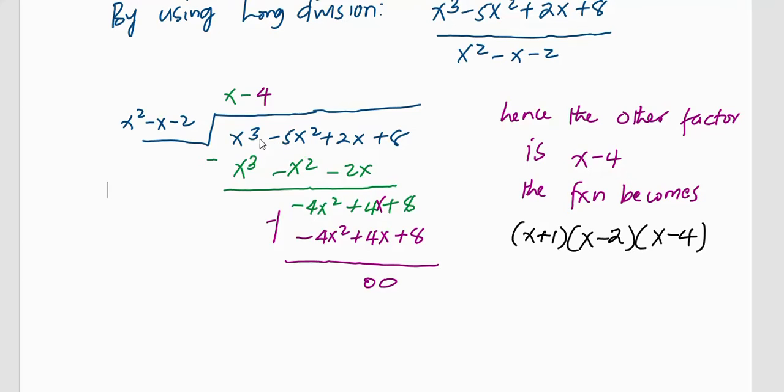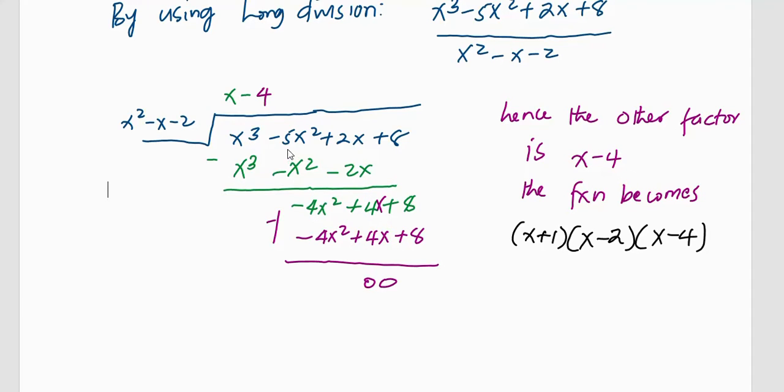So we get x cubed divided by x squared. Of course, we get x. We write it here. Then we multiply this x by x squared minus x minus 2, which gives x cubed minus x squared minus 2x. What we always do here is a subtraction. x cubed minus x cubed is 0.